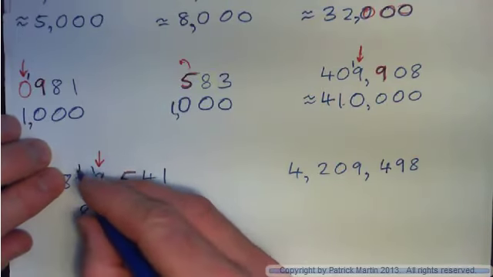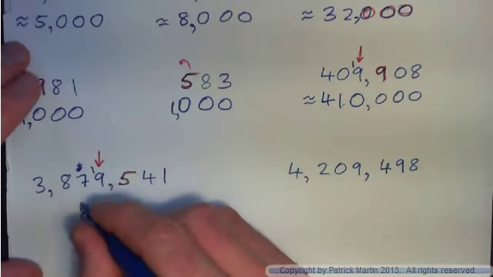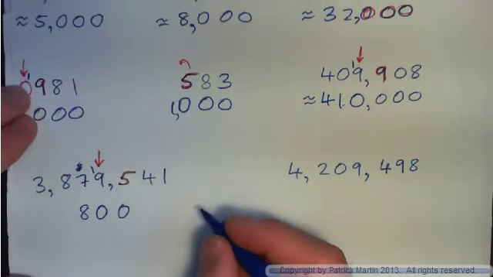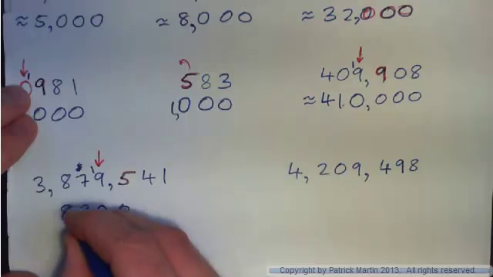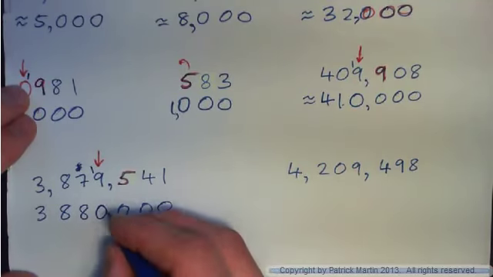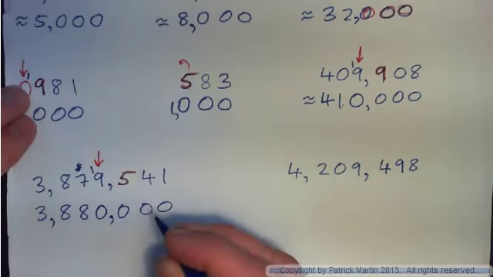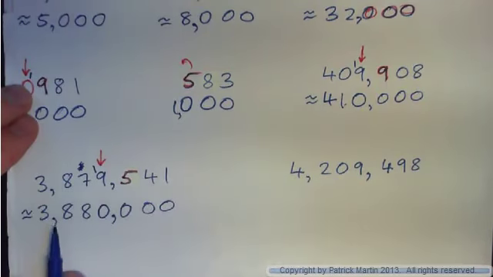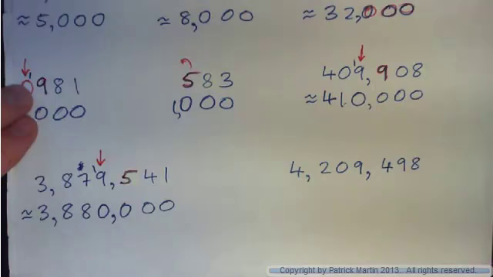So a 1 transfers over to the 7, and you end up with 8, right? So everything else here stays the same, of course. And this is zeroed out. So the piece of land, you could say, is approximately 3,880,000. So you don't have to say all of these digits, right?